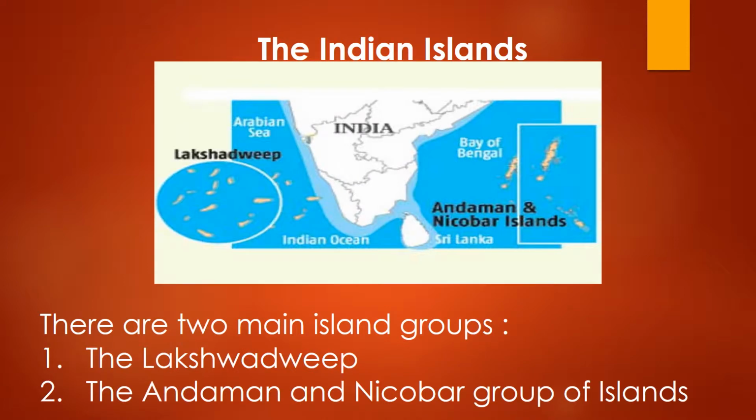Now the next slide is about the Indian islands. There are two main island groups, the Lakshadweep in the Arabian Sea and the Andaman and Nicobar group of islands in the Bay of Bengal. India has a vast mainland. Besides this, the country also has two groups of islands. Now we will study the Lakshadweep Islands.